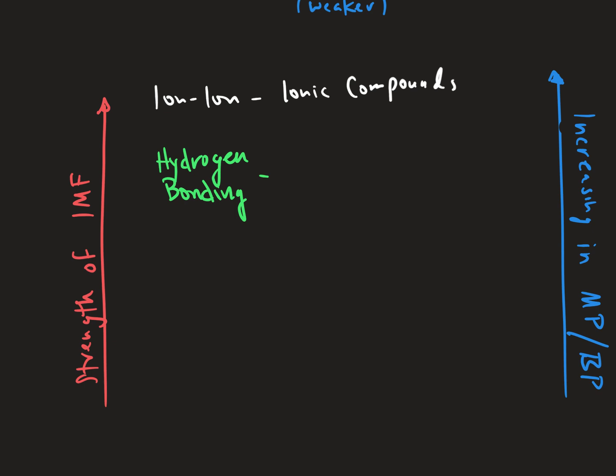And hydrogen bonding is for polar covalent compounds. But not all polar covalent compounds. What else? Why do we call it hydrogen bonding?